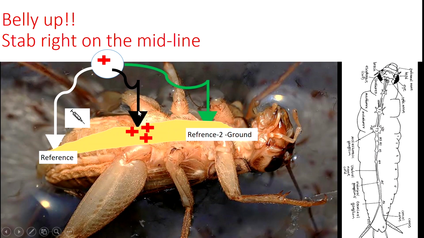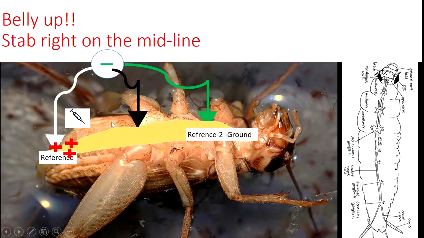And this electrode basically functions as the measurement end of the multimeter. Because this measuring end is connected to an area that has more positively charged particles, our multimeter will have a positive reading. And you can inject different drugs and observe that different drugs will cause different changes of voltage.